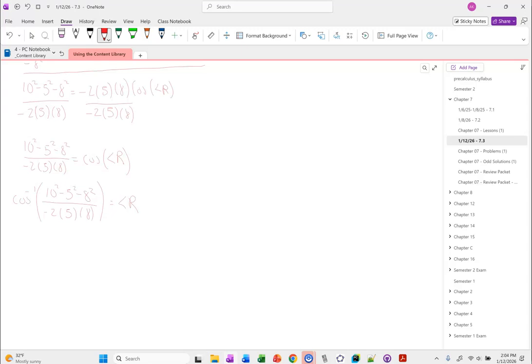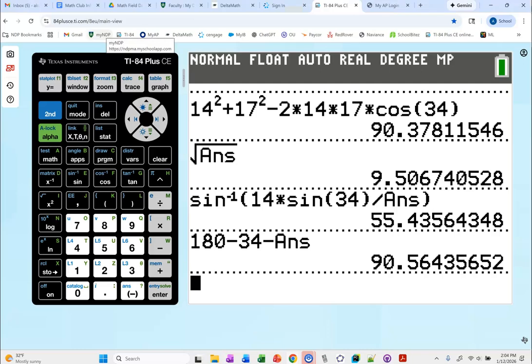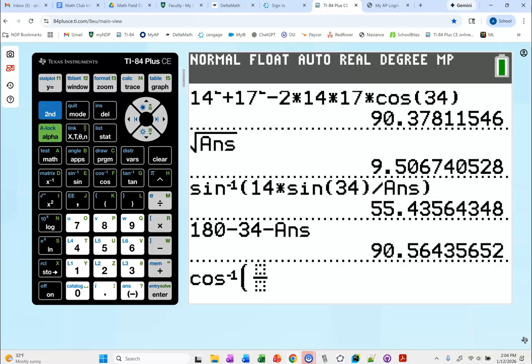And now it's calculator time. So cosine inverse. I'm going to use the fraction command on my calculator, so I don't have to worry about a bunch of parentheses. I can do alpha y equals and pick option 1.